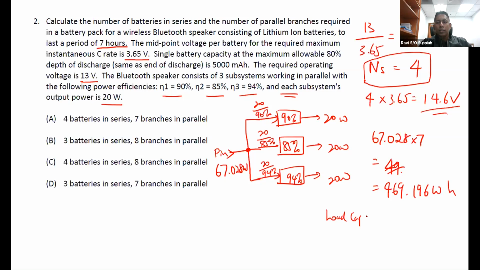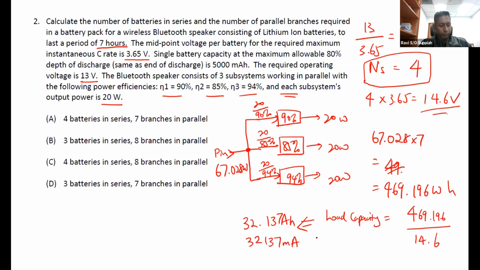Now from this we can calculate the load capacity. All these are the same formulas we used before in our studio. So we say 469.196 divided by the operating voltage of the cells that are already connected in series, so 14.6. This will give me 32.137 ampere hour, which is 32137 milliampere hour.